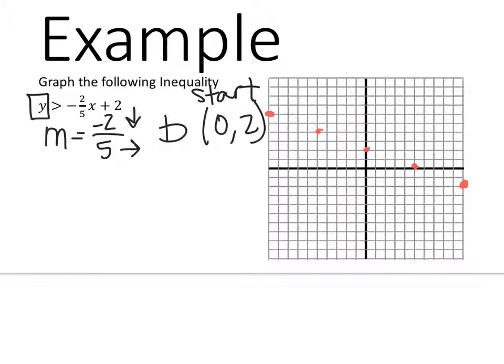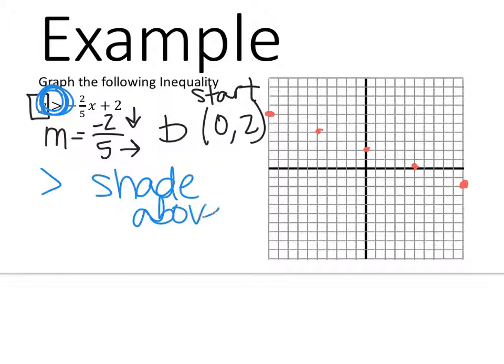Now with this being an inequality, there's two things I need to look at. This is saying that y is greater than. Just greater than. So this greater than symbol tells me that I need to shade above the line, because these are all of my points that are greater than negative 2/5 x plus 2. Because there's no equal sign, I'm going to have a dotted line.